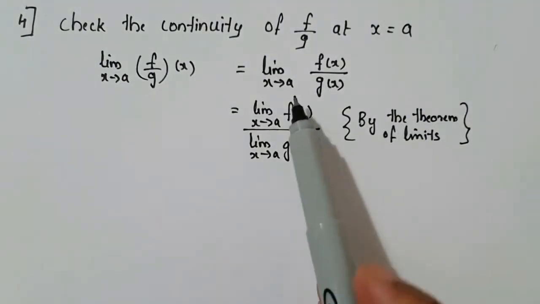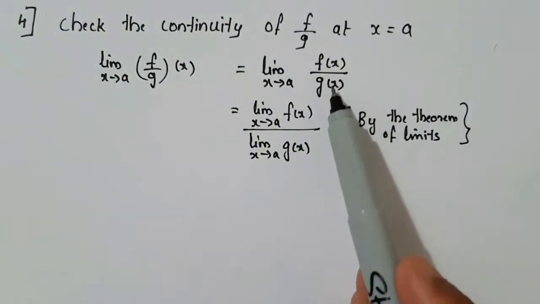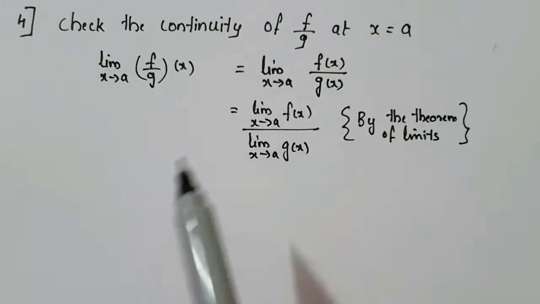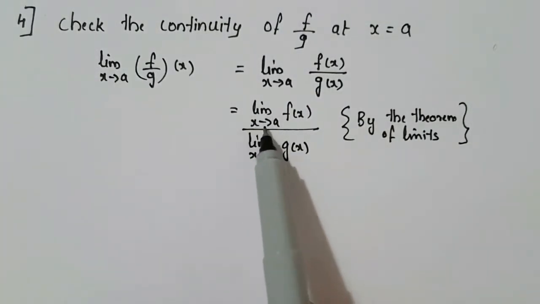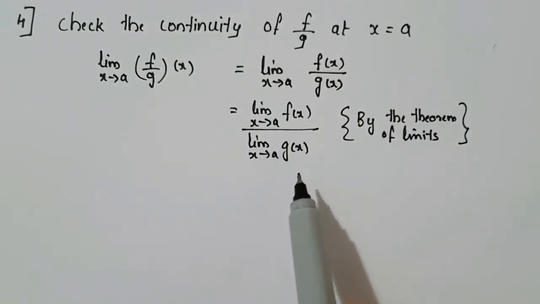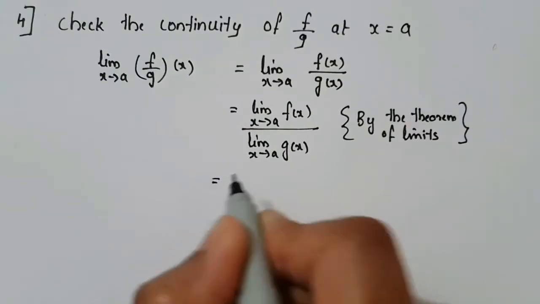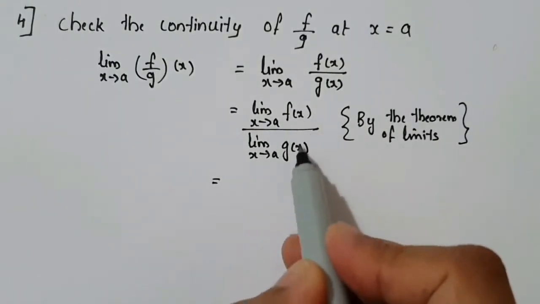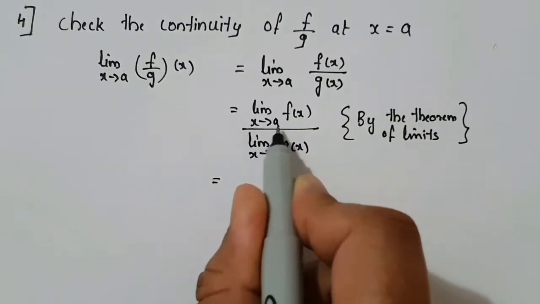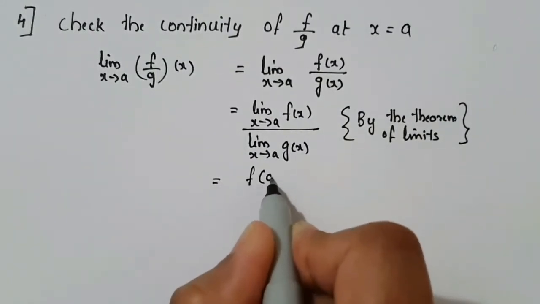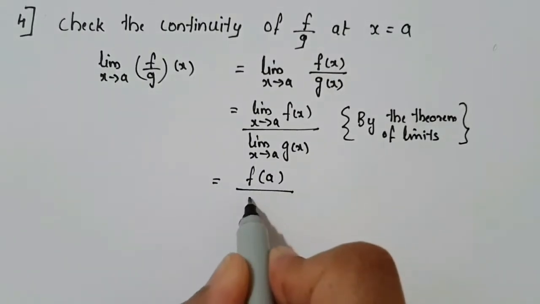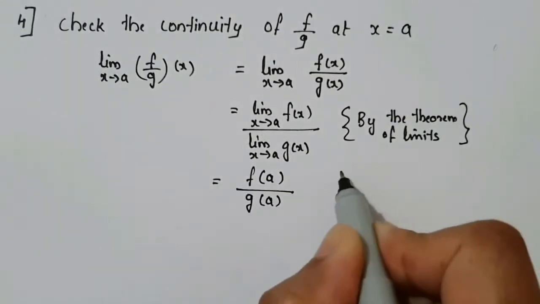By the quotient rule, the limit of the quotient of two functions is the quotient of the limits of the functions. So this is equal to limit x tends to a f of x divided by limit x tends to a g of x. Since f of x and g of x both are continuous functions, this is equal to limit x tends to a f of x is f of a, divided by limit x tends to a g of x is g of a.